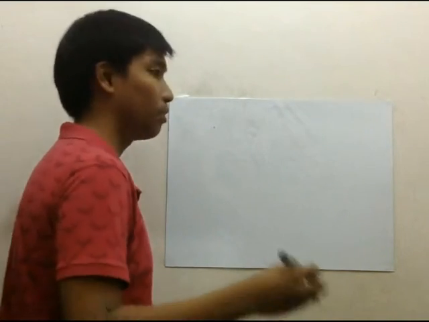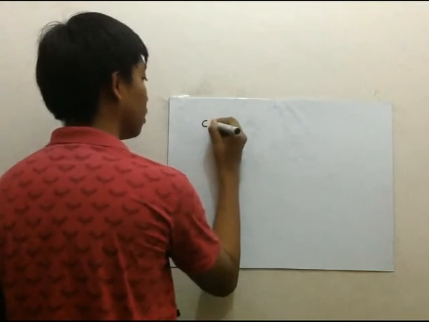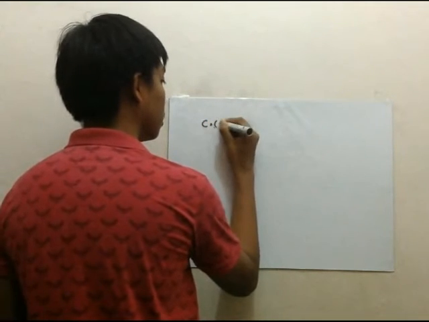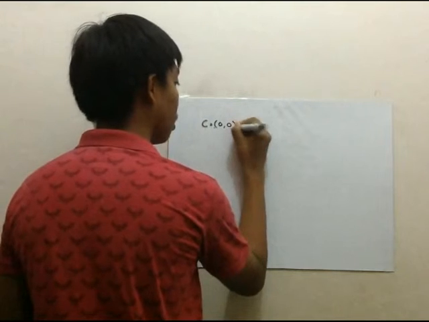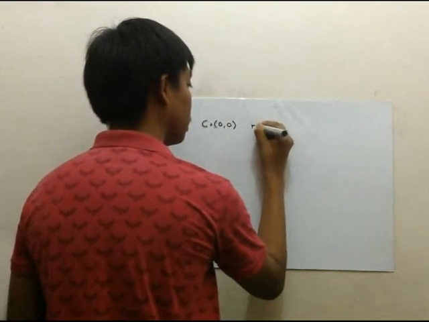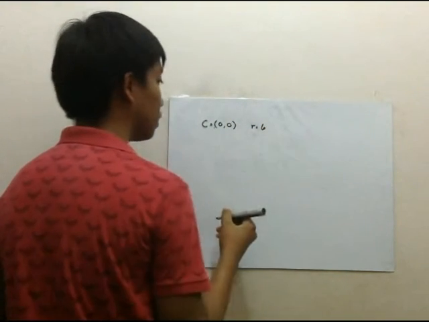But first, before we do that, we need the coordinates and the radius of the circle. For example, the coordinates is our origin, and the radius is equals to 6.